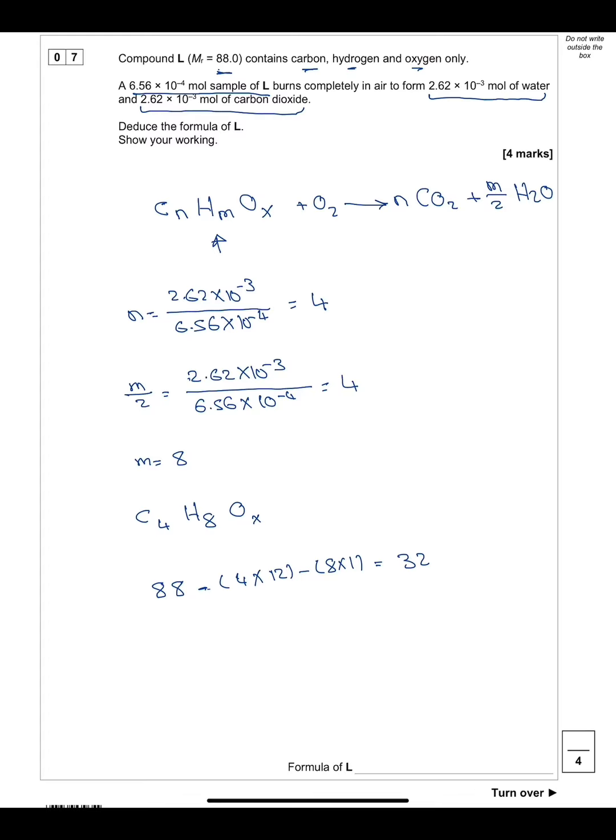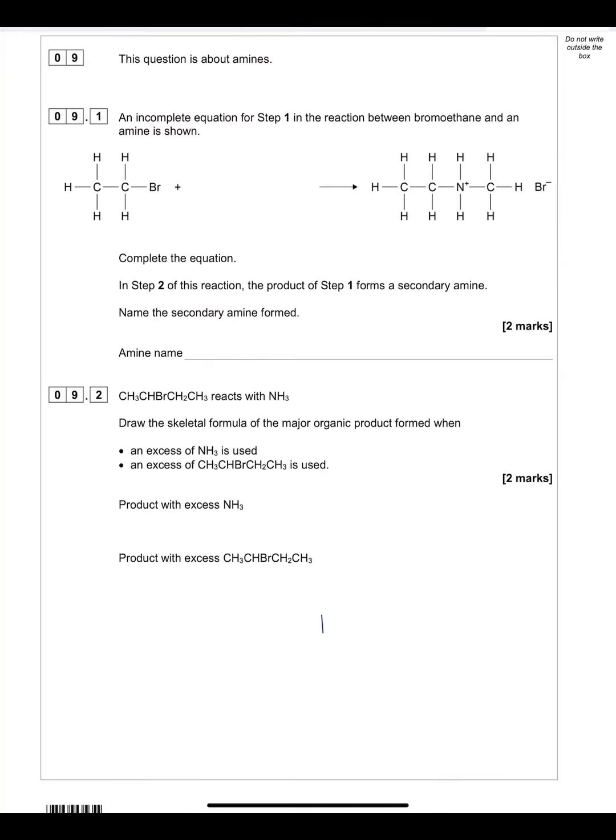So 32 is the total mass of the oxygen in that molecule. We know that the atomic mass of oxygen is 16, which means that there are 2 oxygens here, because 32 over 16 will give us 2. So the final molecular formula of the compound will be C4H8O2.